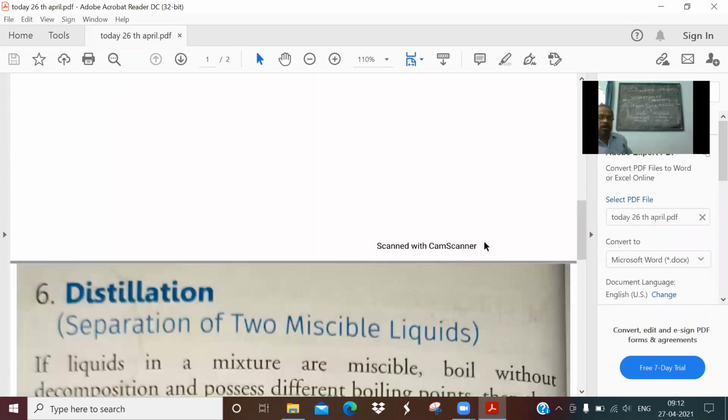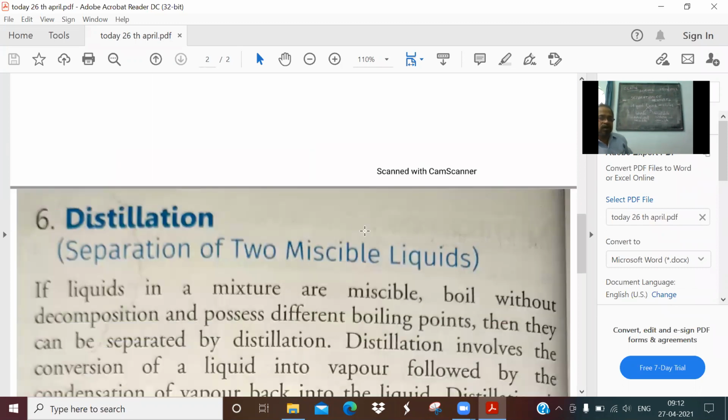Now, today, distillation to separate two miscible liquids. Miscible means soluble, I told you. For example, we take alcohol and water. There, we have to see the difference in the boiling point. Actually, boiling point is a characteristic of a liquid.